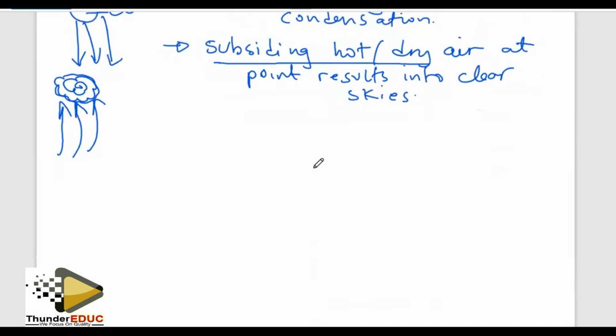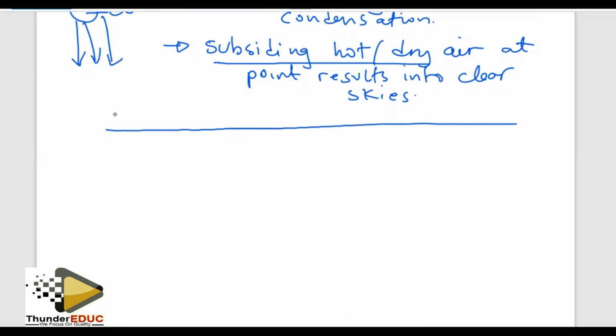Okay, let's go back to our blank page. Why are they going to issue fire warnings at city A?